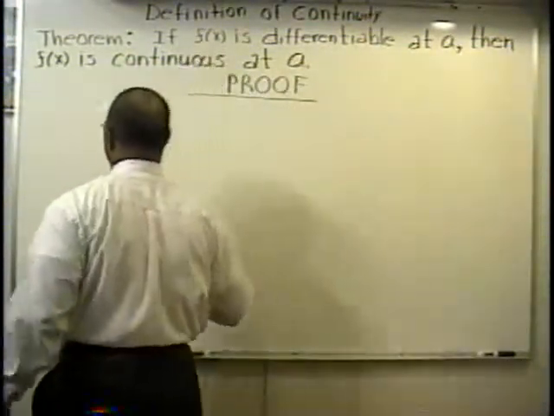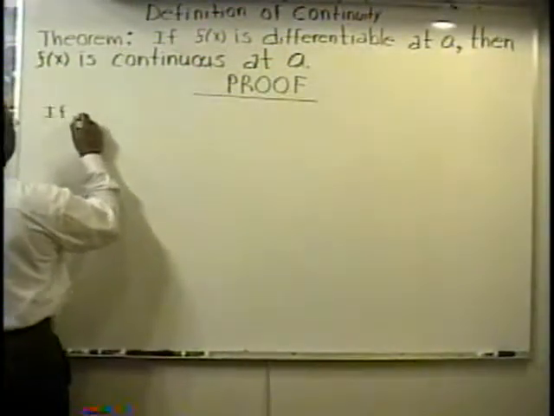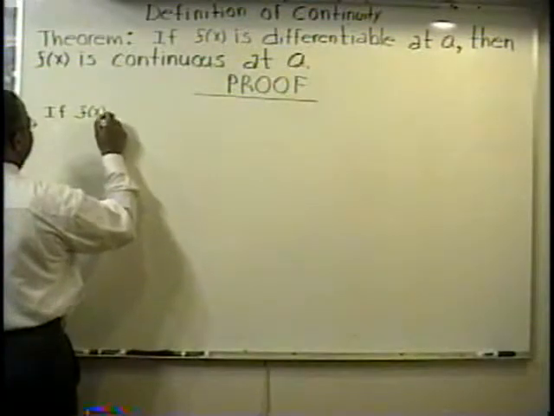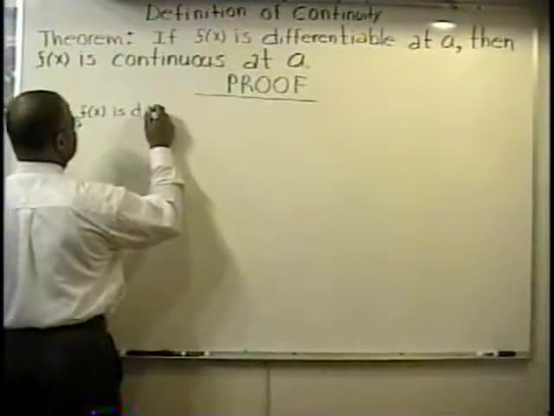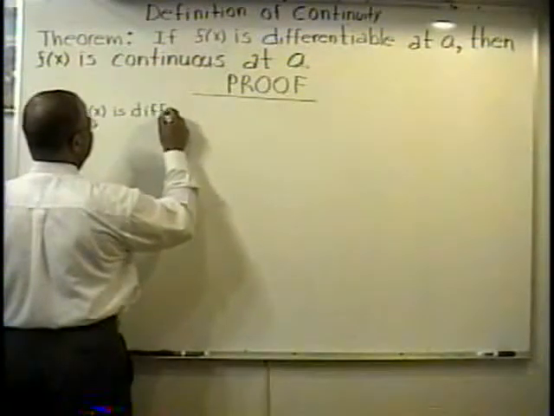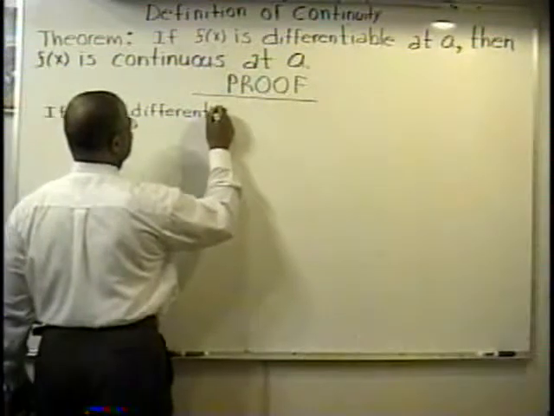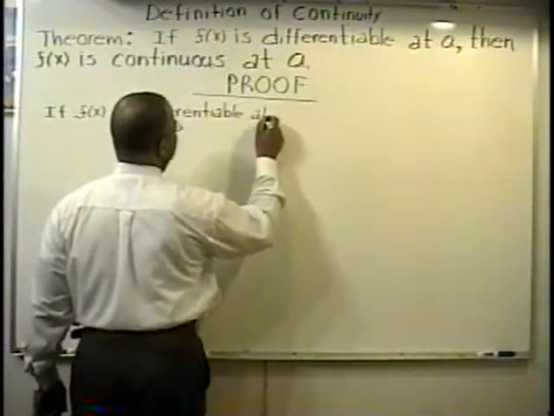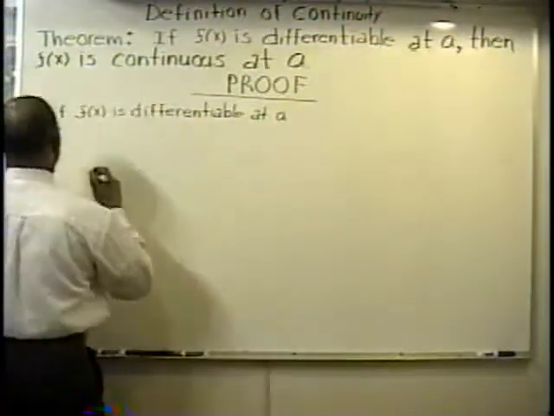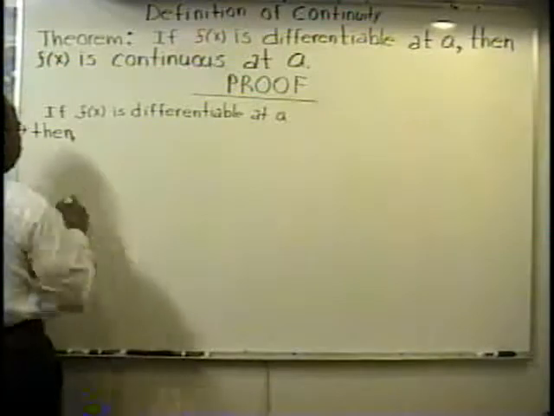So, starting out the proof, if f of x is differentiable, if it is indeed differentiable at A, then we have the following.